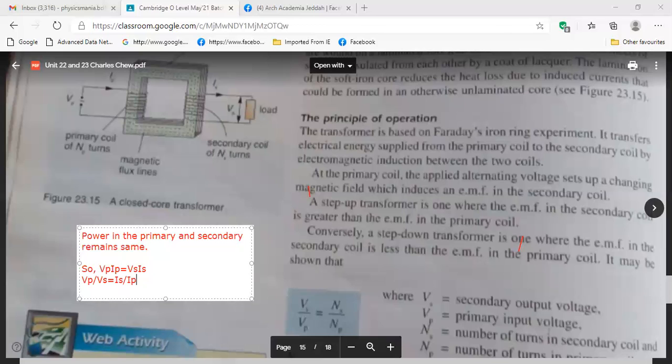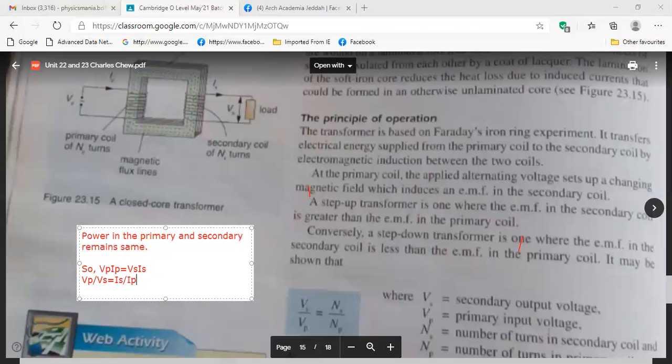It's just opposite of the number of turns, right? In number of turns, you get Vs by Vp equals Ns by Np, but here you get Vp by Vs equals Is by Ip.